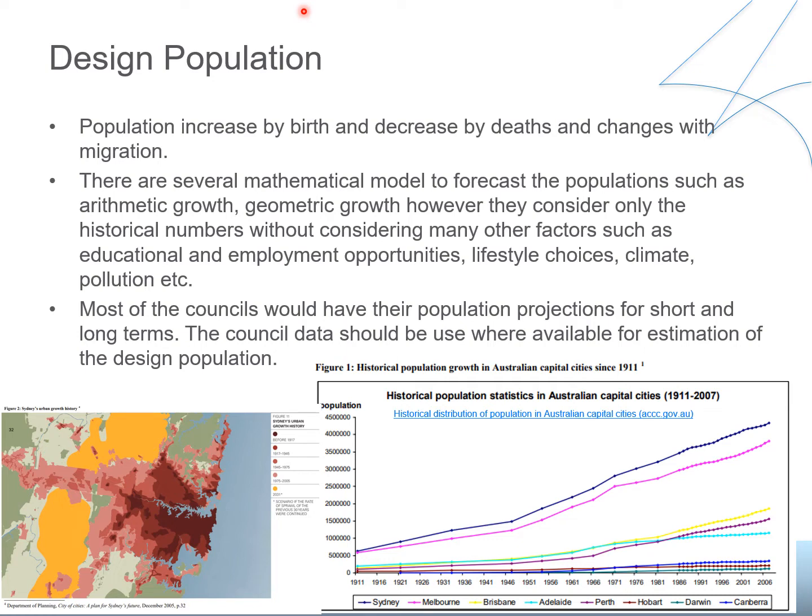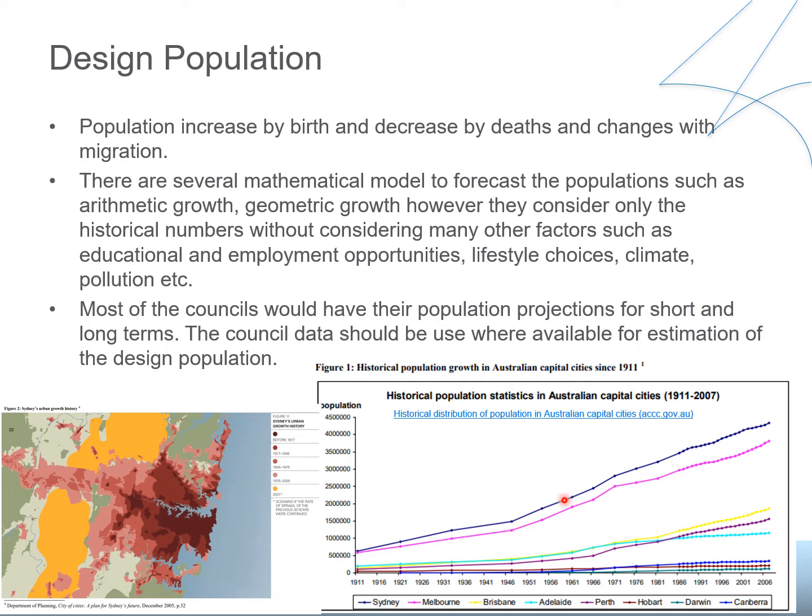So the point here is that if you look at this trend, let's say this Sydney example, the top one, if you are designing the structure at this point in time and you just look at the trend, your forecast will be that the population will be somewhere here in 1960 if you forecast in 1946, but actually the population is much larger.